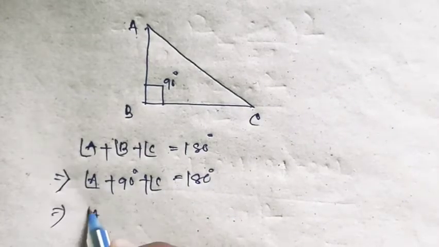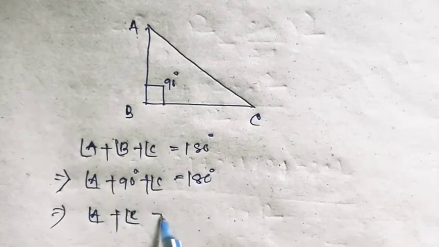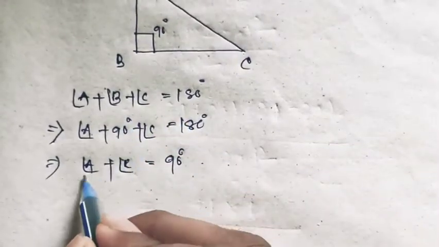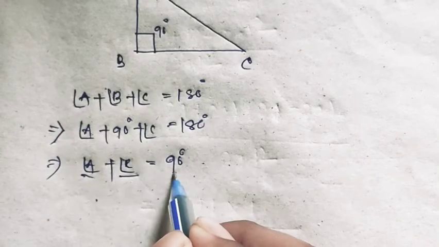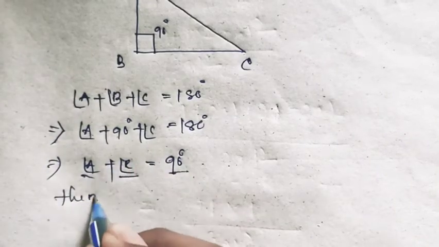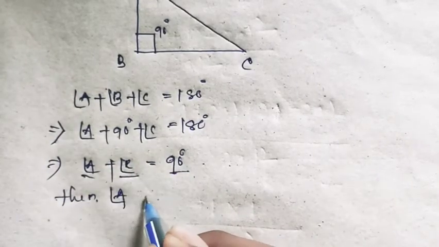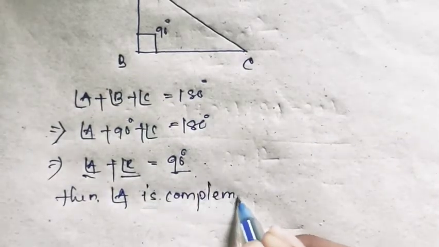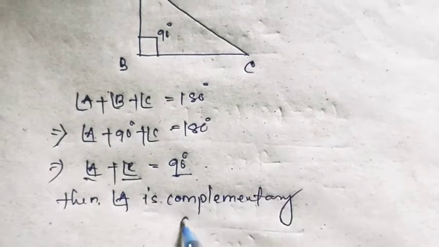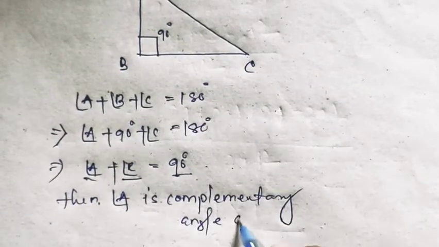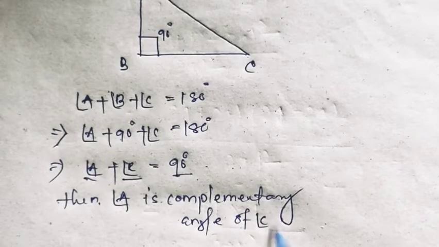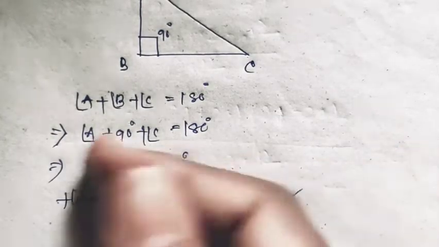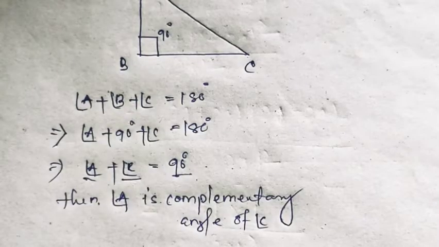This implies angle A plus angle C is equal to 90 degrees. So we can say that A is the complementary angle of C, and C is the complementary angle of A.